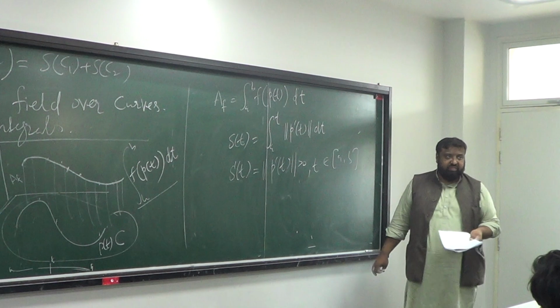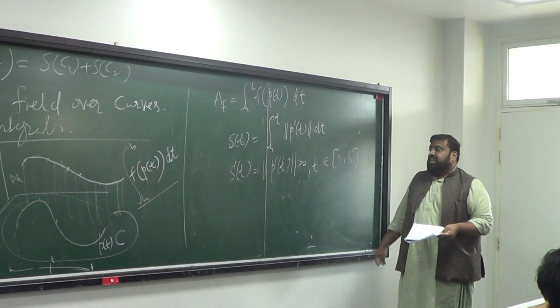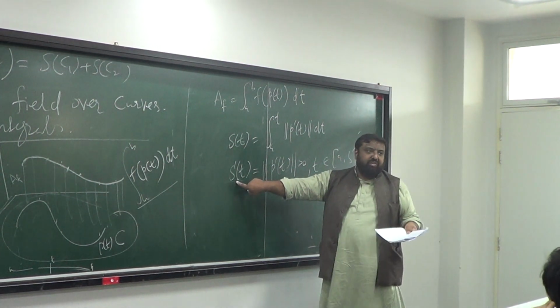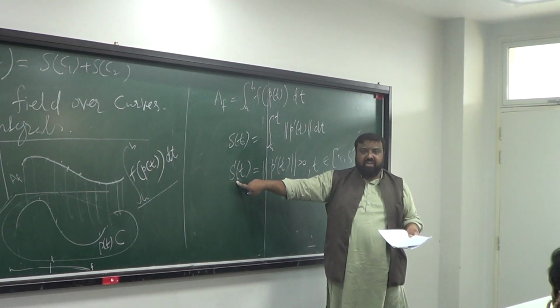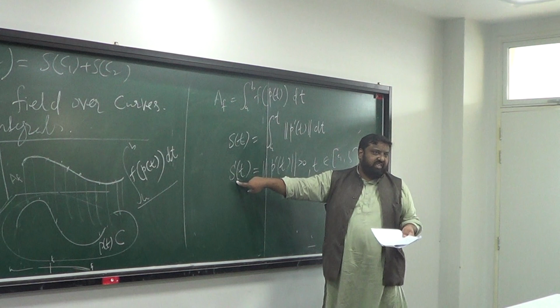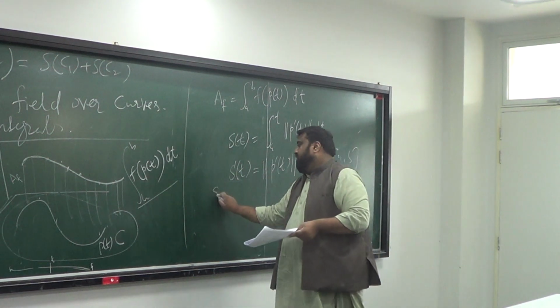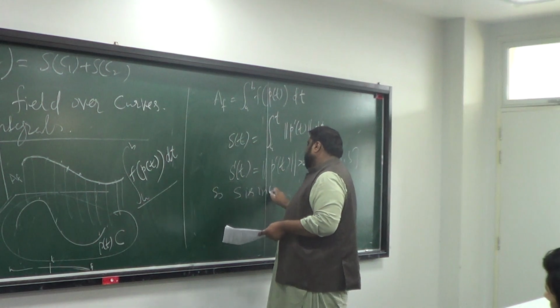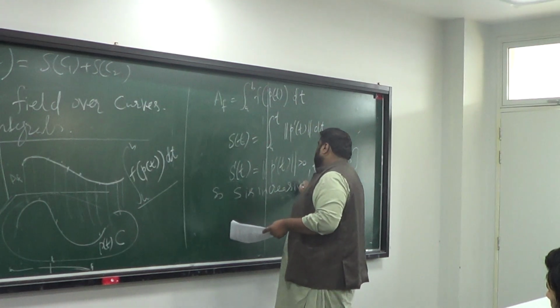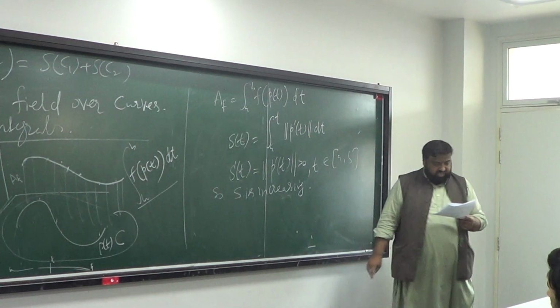So if it is positive, then what can I say about s? Then it must be increasing. I know that if a function has a positive derivative, it must be increasing. So s is increasing. Alright?